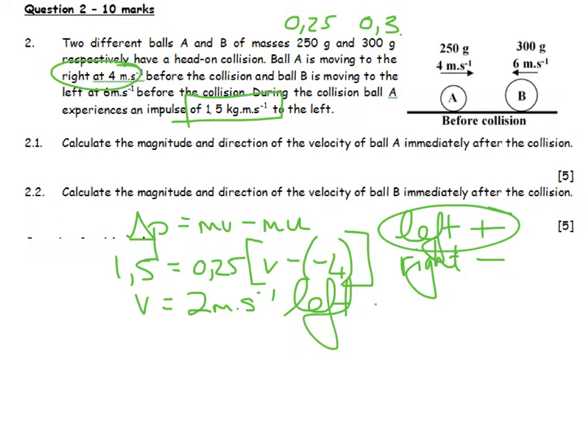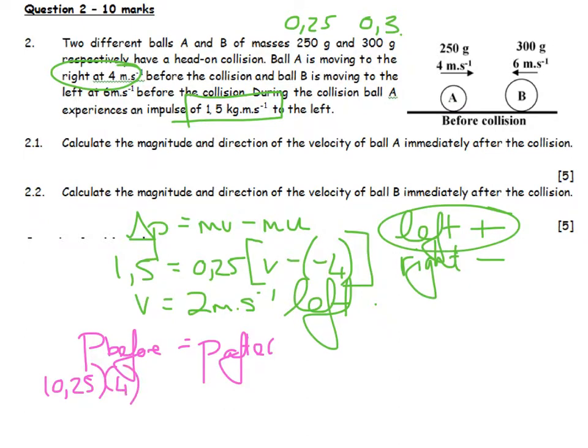Then we've got calculate the magnitude and direction of the velocity of ball B immediately after the collision. So momentum before is equal to momentum after, and that is 0,25 times 4. And this time, I don't know why I did it, but I made my right positive. I suppose we should stay with the same convention.